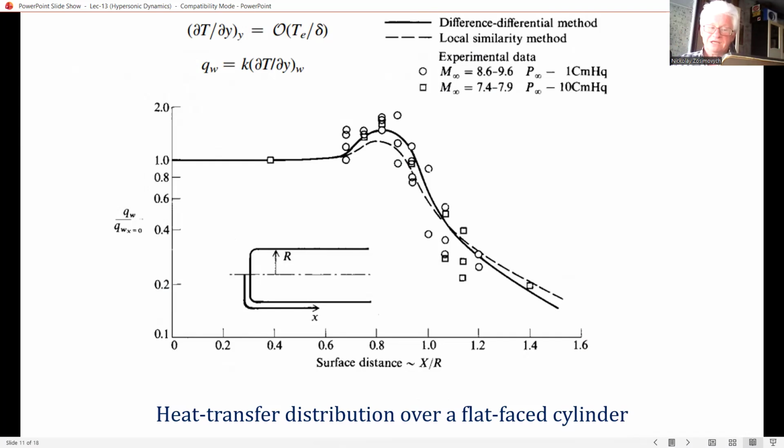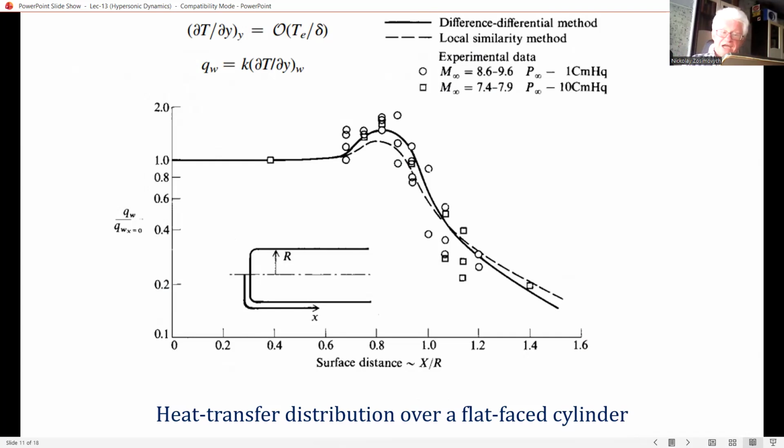Note also the physical trends shown in this figure. Here is a case where the stagnation point is not the location of maximum heating. Rather, the peak heat transfer occurs in the corner region.